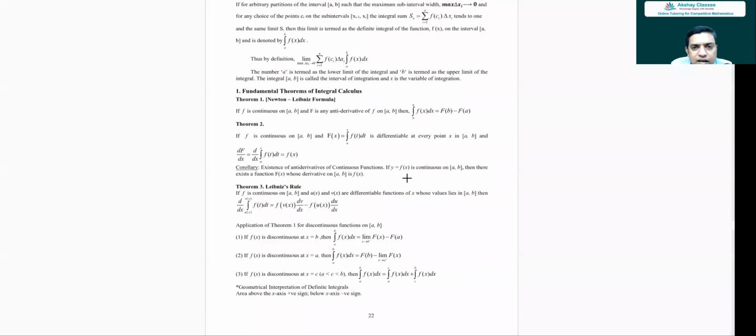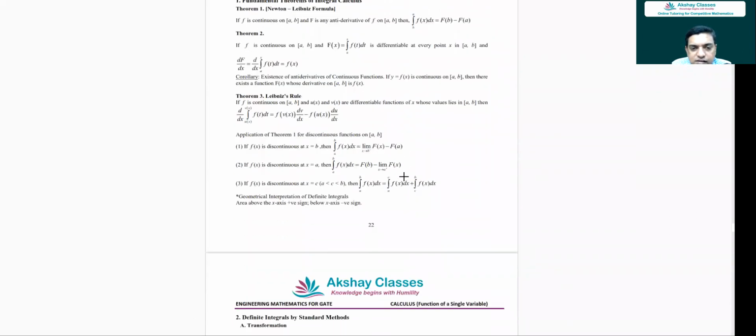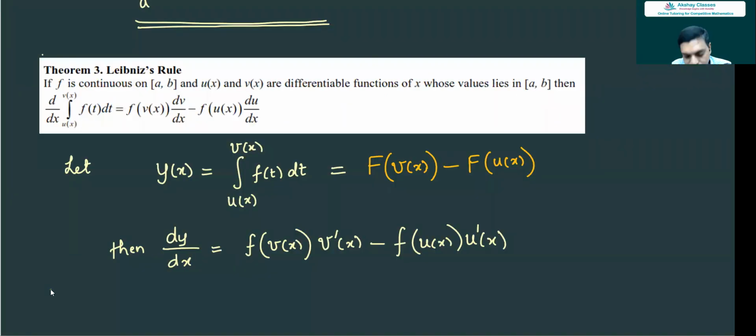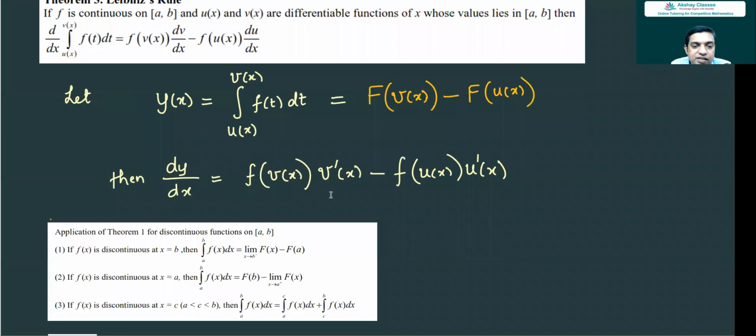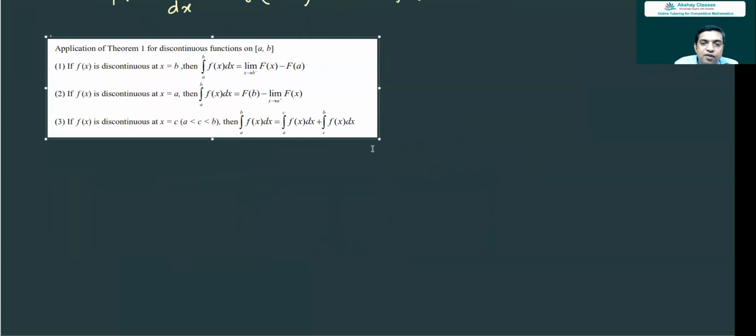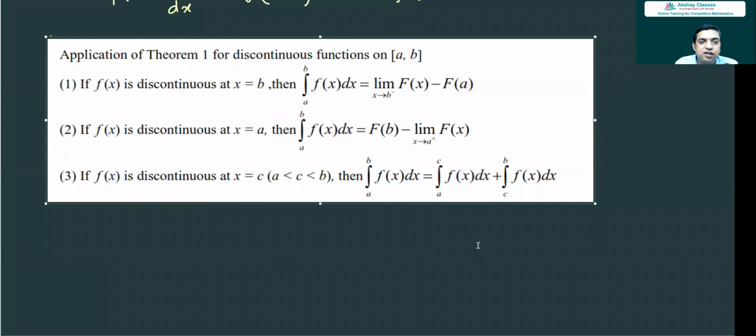Now, application of theorem 1 to discontinuous functions. If the function is discontinuous, what happens? So far we said the function is continuous on closed interval [a, b]. Now let us say the function is discontinuous first at the right limit, that means at the upper limit of the interval.